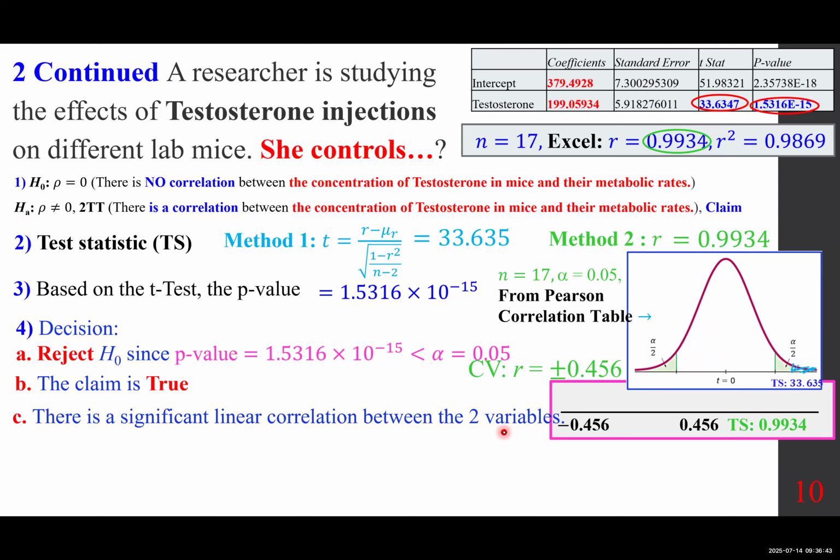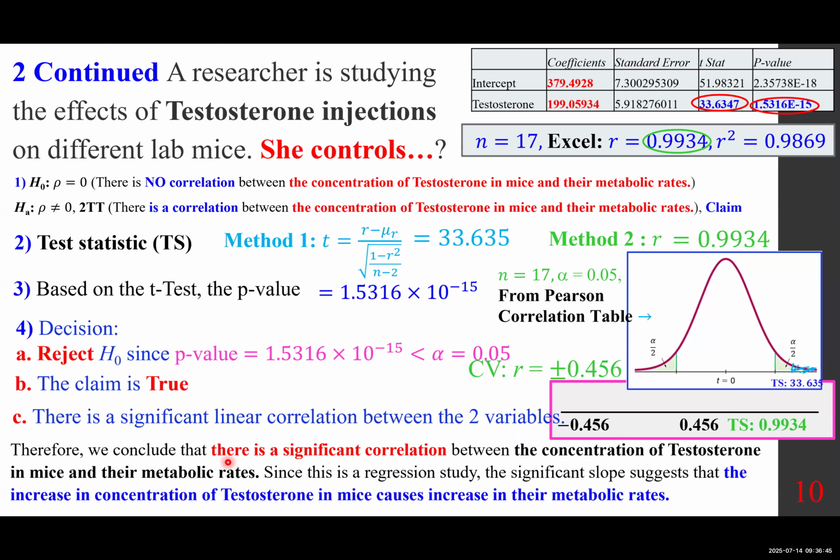Therefore, we conclude that there is a significant correlation between the concentration of testosterone in mice and their metabolic rates. Since this is a regression study, the significant slope suggests that the increase in concentration of testosterone in mice causes an increase in their metabolic rates.